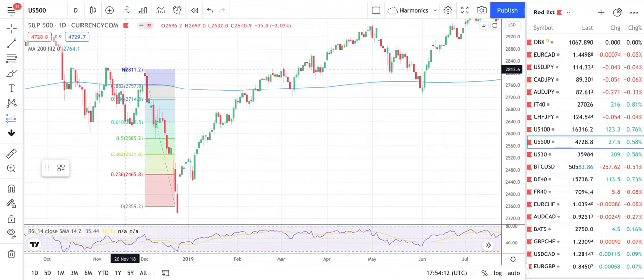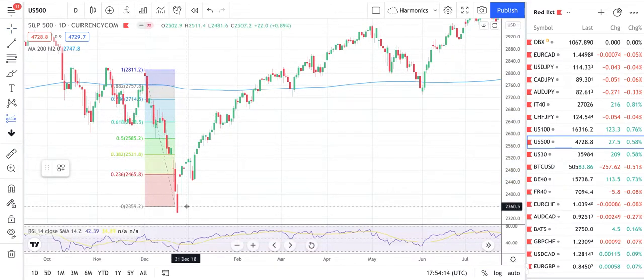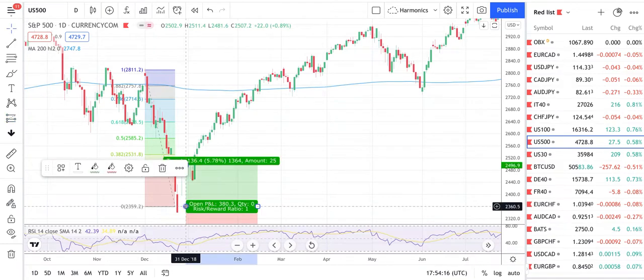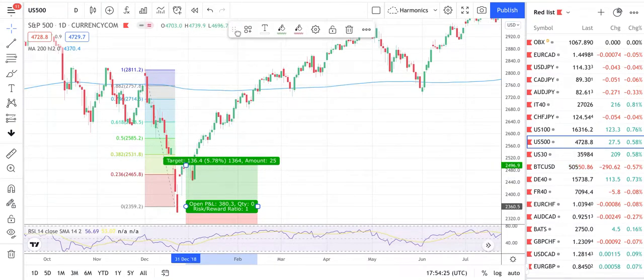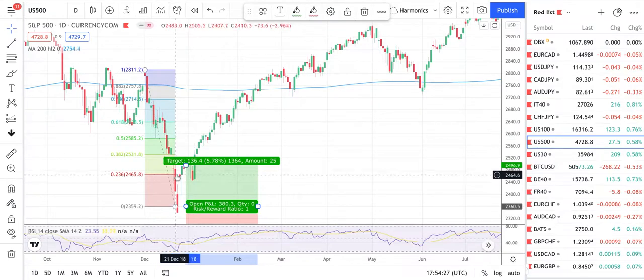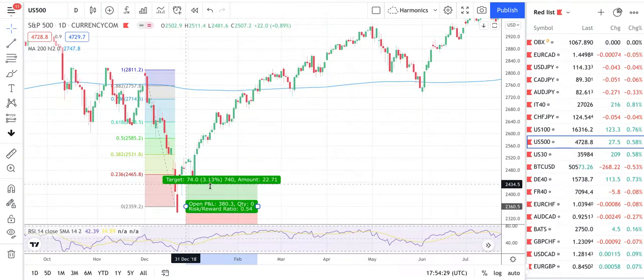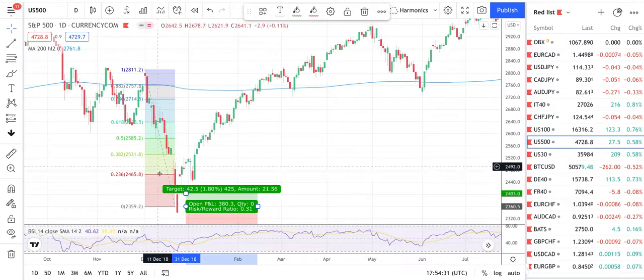And there have been no major pullbacks. And the RSI is 20. Enter here, take profit to 23.6. Well, I'll look for if there is some support level within this yellow area between 23.6 and 38.2.